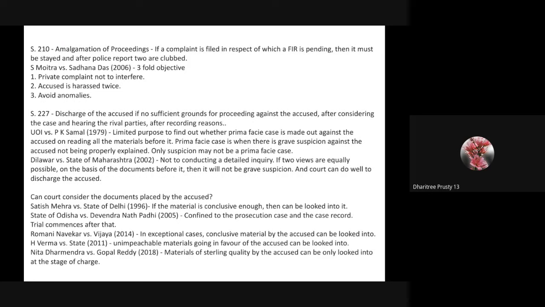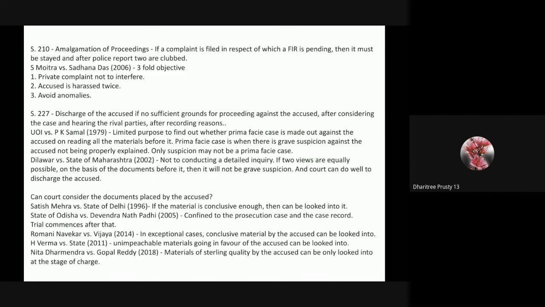Now 210 is amalgamation of proceedings. So the case here is that there is an FIR pending, and a complaint is filed in respect of the same set of facts. Then what will be done here? The complaint will be stayed, and after the police report in the FIR is filed, those two will be clubbed. It is also vice versa.